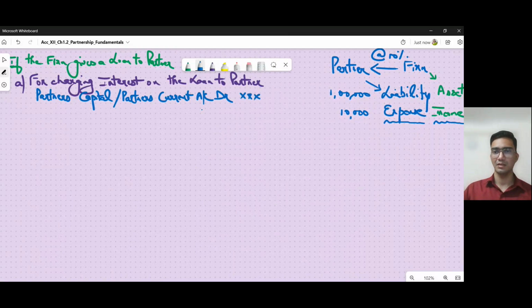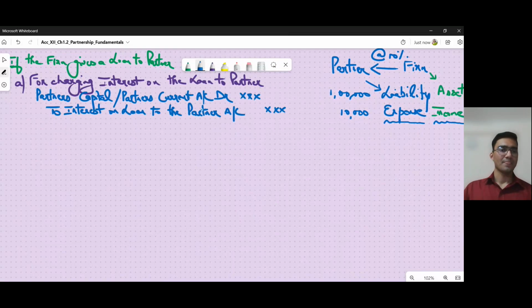In this case, it is 10,000. To interest on loan to the partner account.